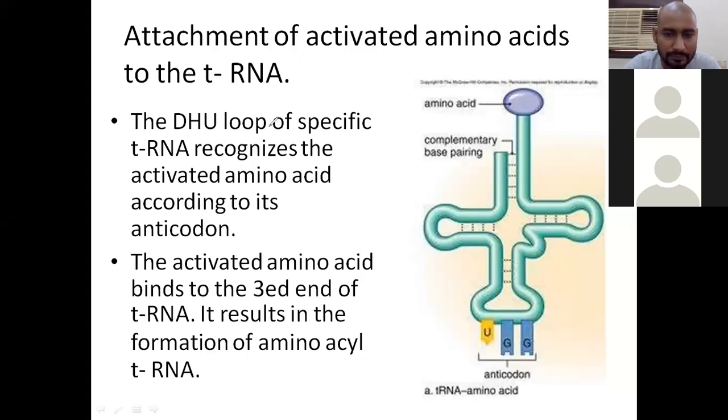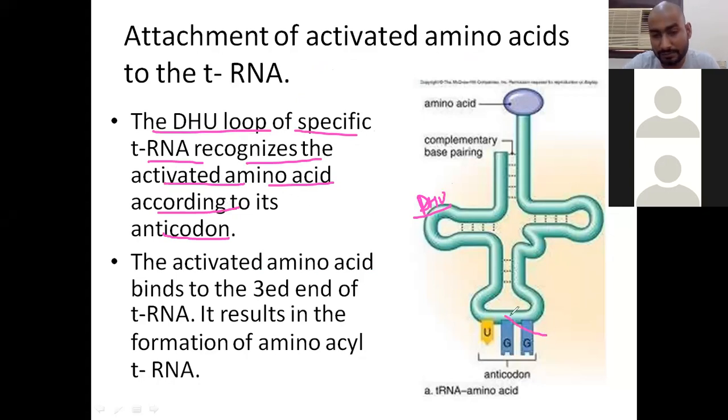Now, this is the DHU loop, dihydrouridine. The DHU loop of a specific tRNA recognizes the activated amino acid according to its anticodon.